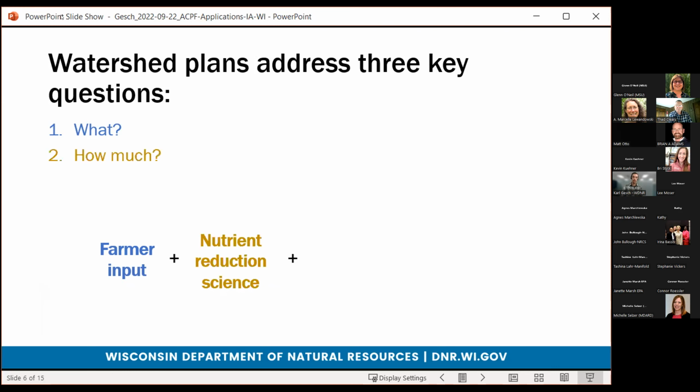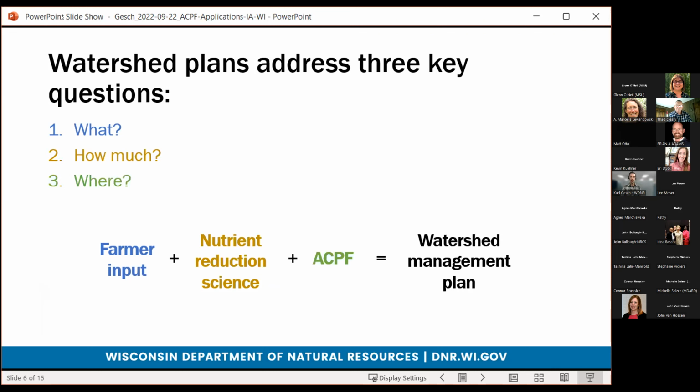The second watershed planning question is how much to do? What level of adoption might be needed to meet local and regional water quality goals, right? One approach that Iowa uses to help answer that question is to apply the science that underlies the state's nutrient reduction strategy. And finally, the third piece here, where to do it, right? What practices, how much to do them, and where.